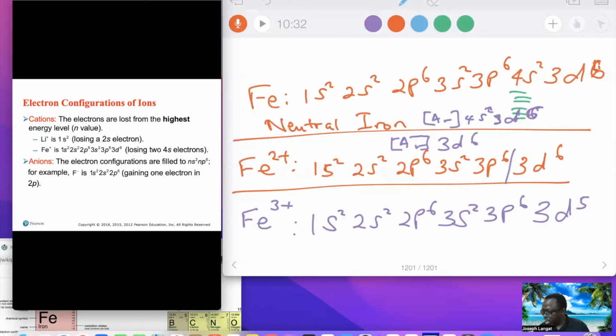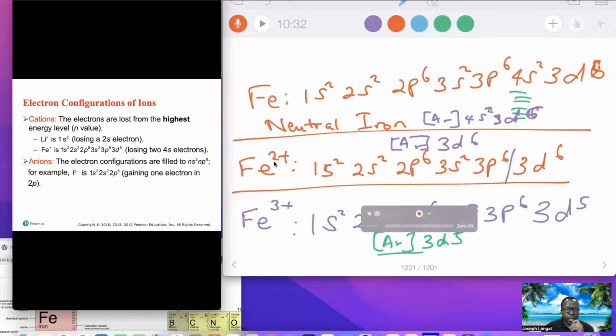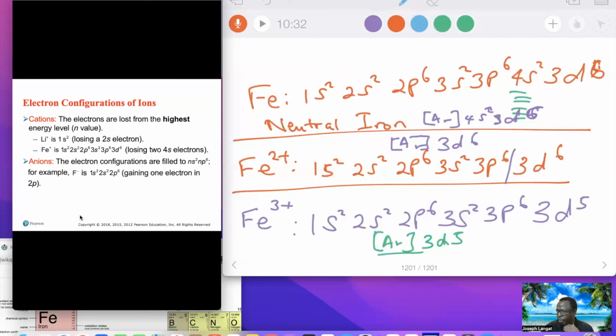And here is argon, just the short form, and 3d5 for Fe3+. So just using the short form to write electron configuration for ions 3+ and 2+. There is no 1+ here.